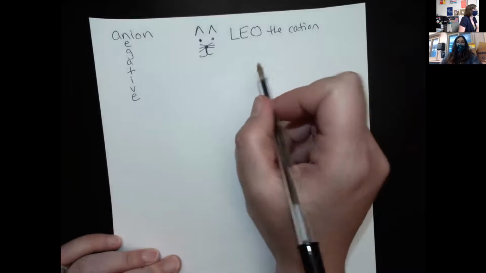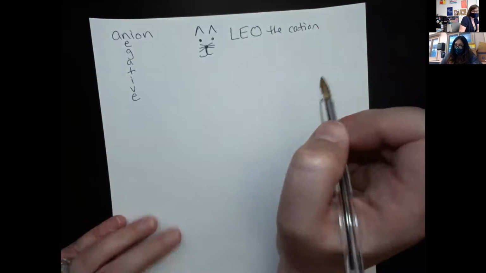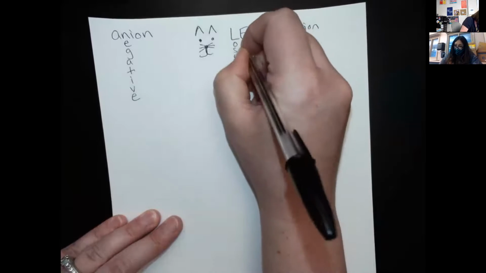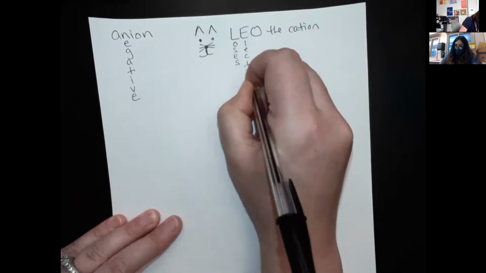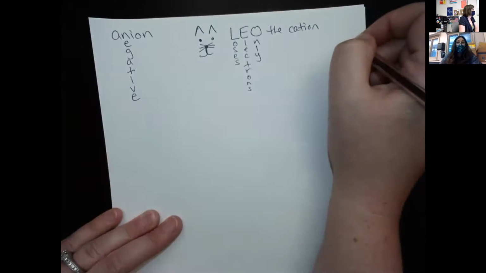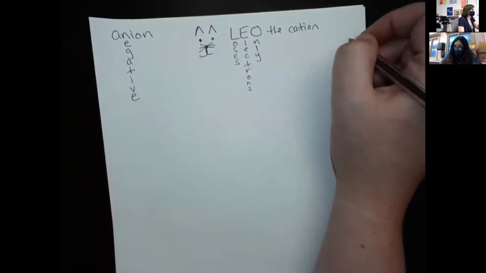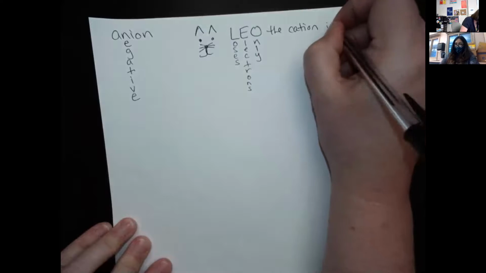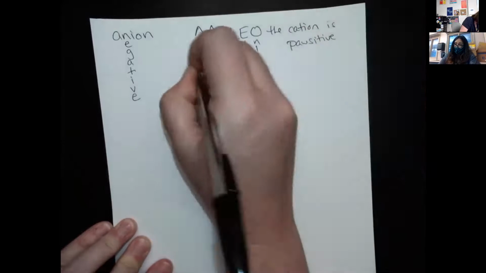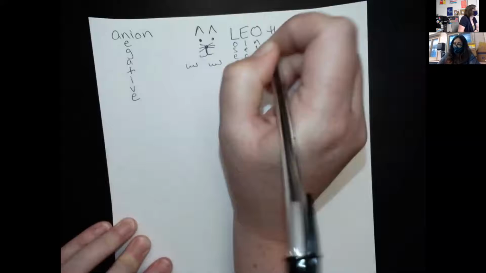His name helps me remember how he's formed. So Leo is formed because he loses electrons only to become a cation. And it doesn't stop there, people. Leo, the cation, is positive. So we draw some of those.